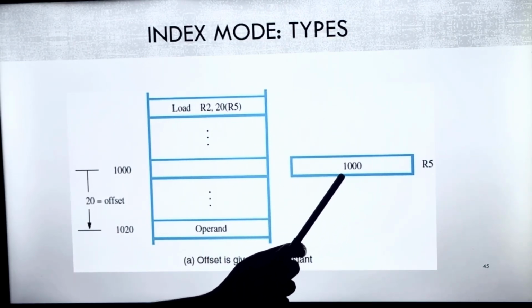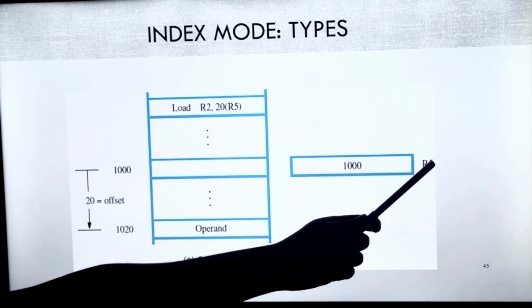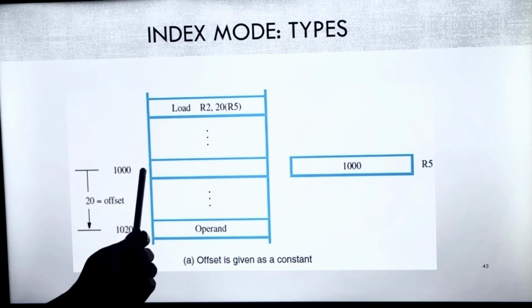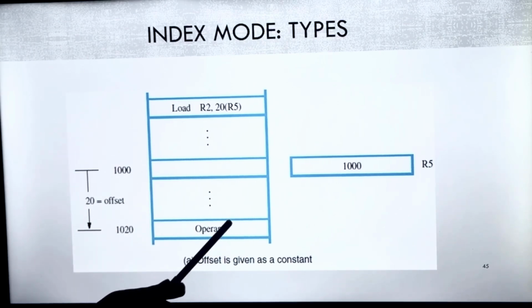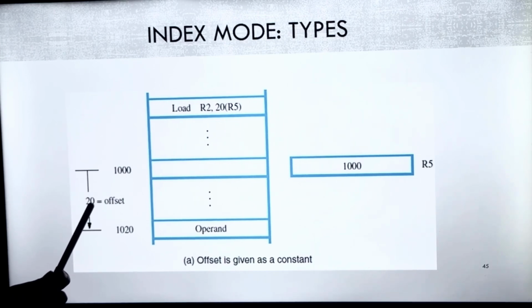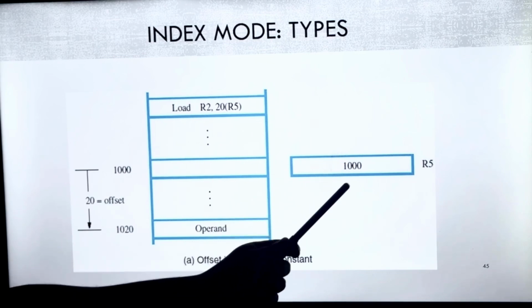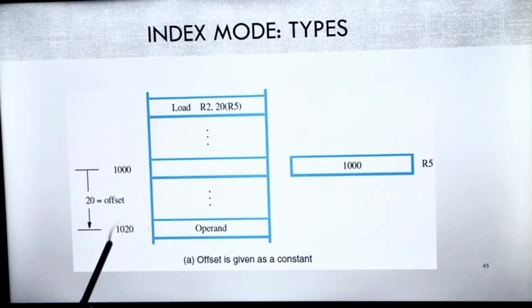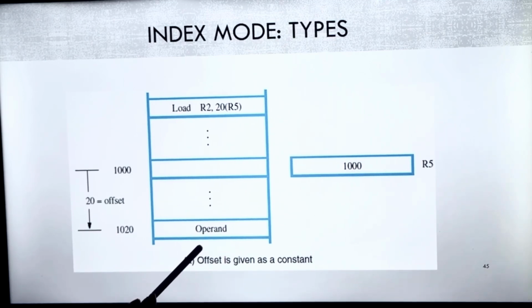It will be given inside a register. So in R5 you will get the starting address, which is 1000. Now which element do you need? This one. Where will you get it? By taking this offset. What is the offset? 20. So if it is 20, that means the address given in R5 plus the offset 20 gives 1020. Go to location 1020, you will get the data. Fine. I hope it's clear for you.